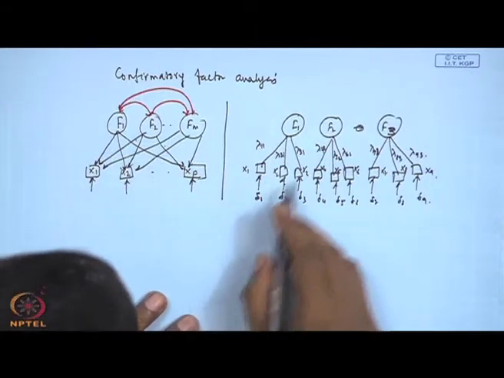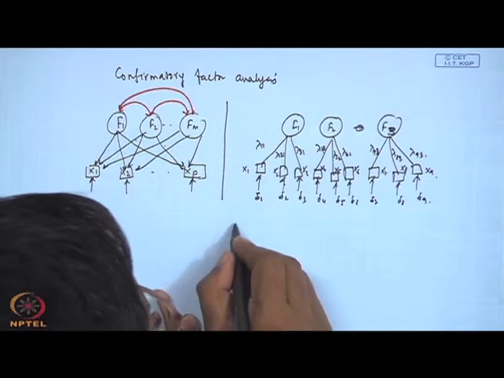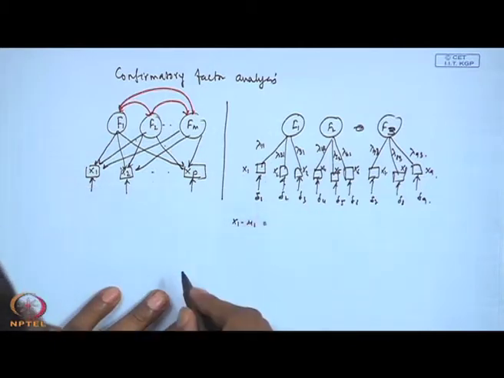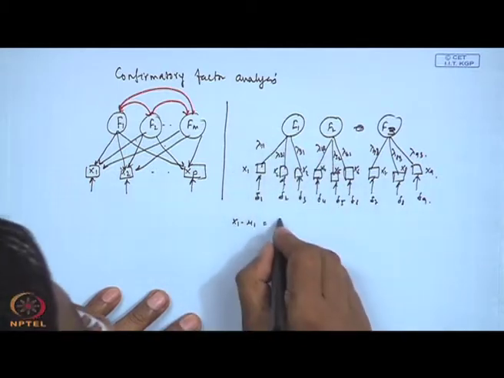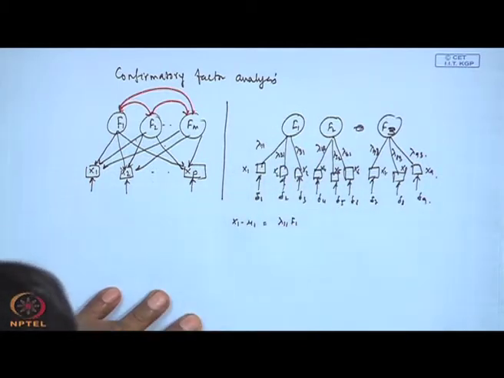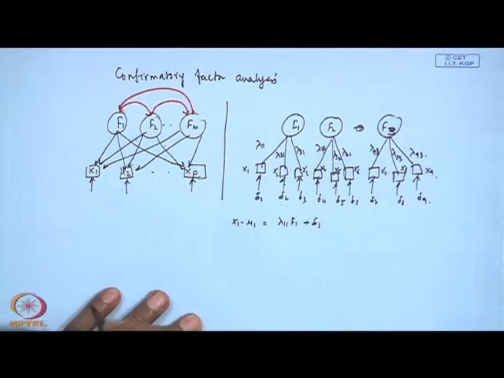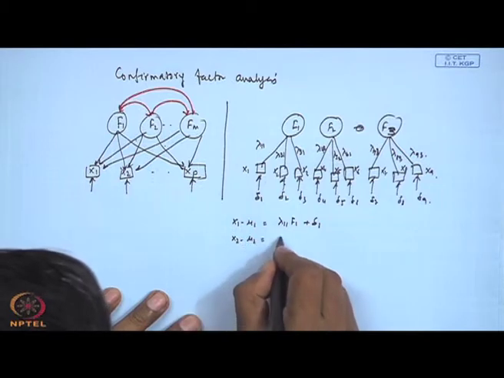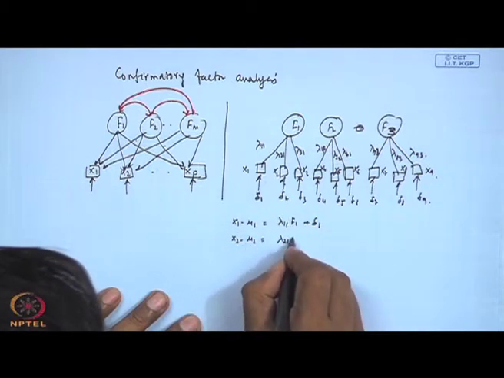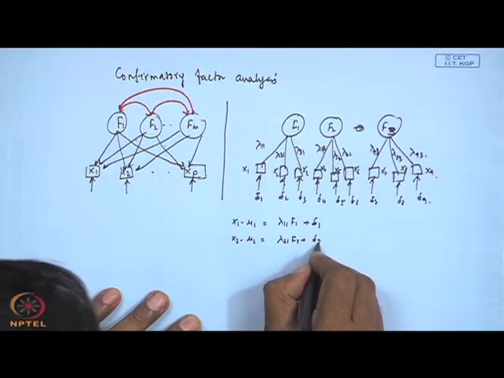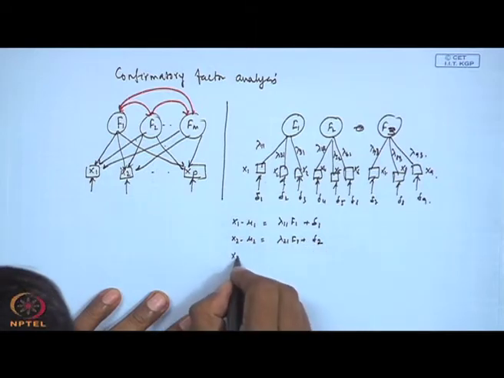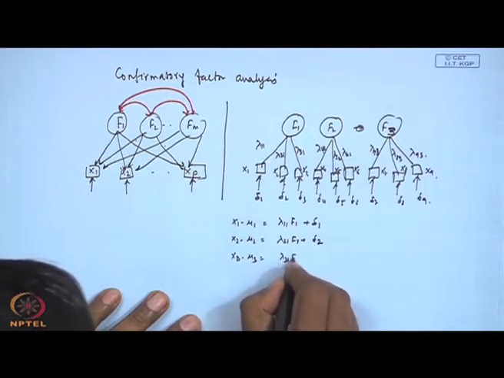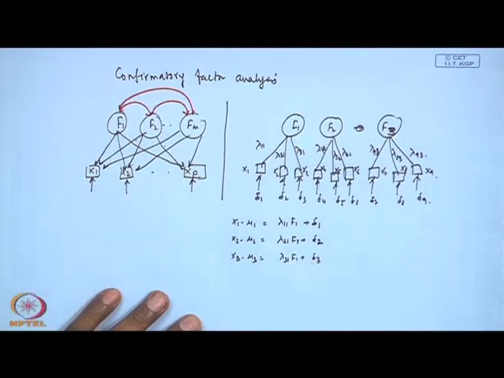Correct. Now, if I write down the equations: x1 minus mu 1 equals lambda 1 1 f1 plus delta 1. x2 minus mu 2 equals lambda 2 1 f1 plus delta 2. x3 minus mu 3 equals lambda 3 1 f1 plus delta 3.